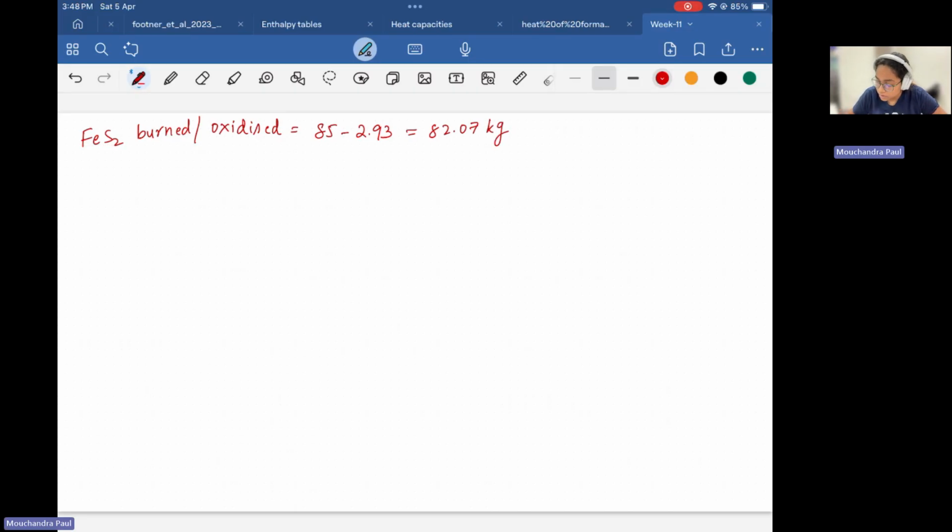Now, if we convert it into moles, we know 120 kg of FeS2 corresponds to 1 kg mole of FeS2. So this will give us 0.684.